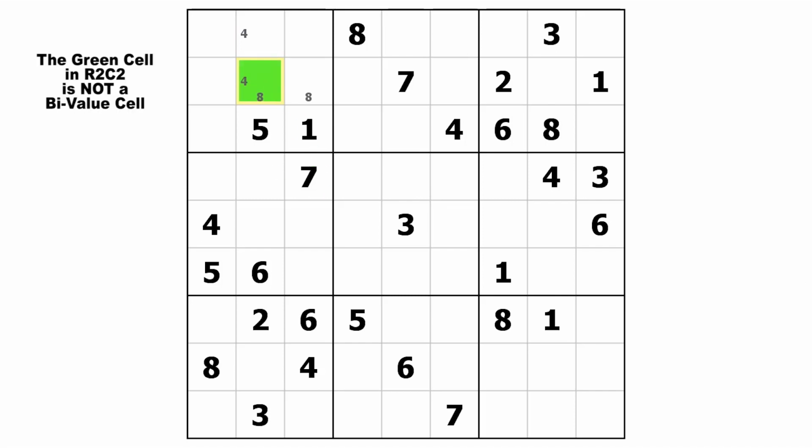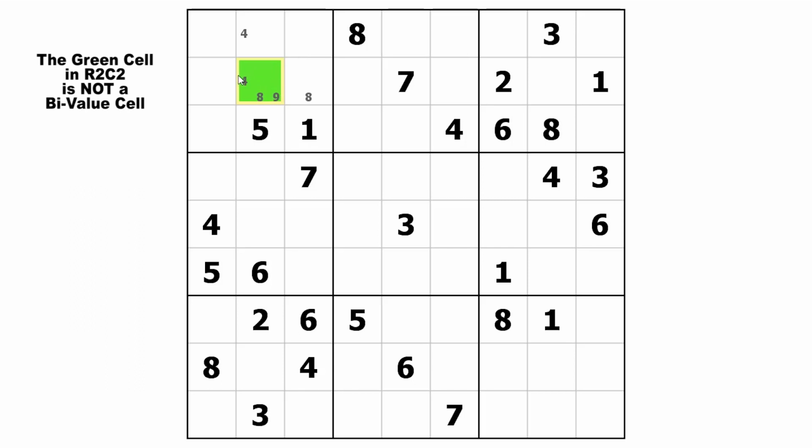But this cell, even though it contains a 4 and an 8, is not a bi-value cell. It looks like a bi-value cell, but this cell could also be a 9. If you notice, there is no 9 in row 2, and there is no 9 in column 2, and there is no 9 in block 1. So that could be a 9.